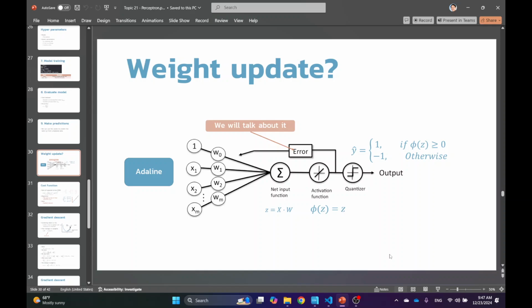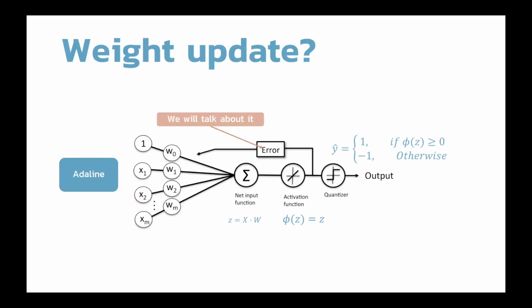Okay, so we are at page 30 right now. Last time I was saying that if you are training your model, and this one is the Perceptron, so that means that it's a linear model, right? During the fitting, the model goes through the data multiple times. Each time we call that one epoch, remember?